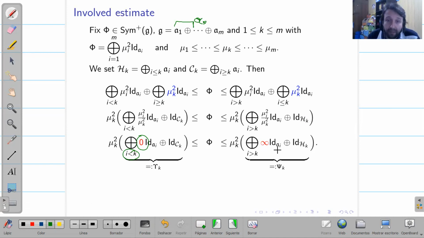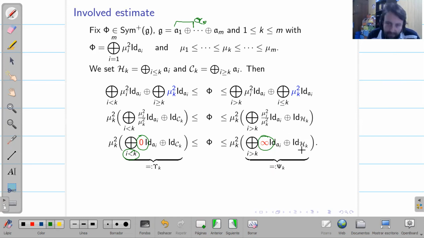And here is something even more strange. It's a bilinear form, but it's not positive definite anymore. It's positive semi-definite. And here there is something even more strange, because we have an infinite value, and endomorphisms cannot have infinite value, right? Well, let me write it this way.